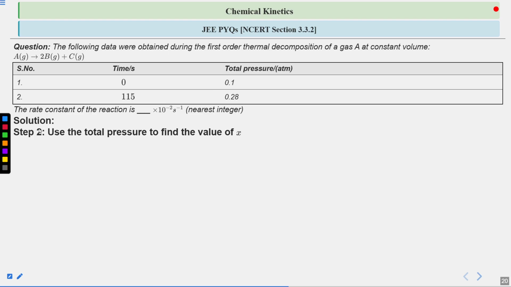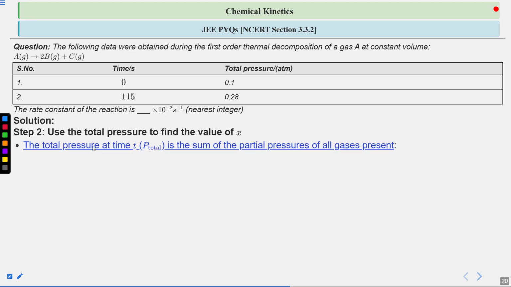Now we do step 2, that is, use the total pressure to find the value of X. Now this X is a variable, right? We don't know its value, the decrease in the pressure. So we use the total pressure to find the change in the pressure X. The total pressure at time t, that is P total, is the sum of the partial pressures of all the gases present in our container.